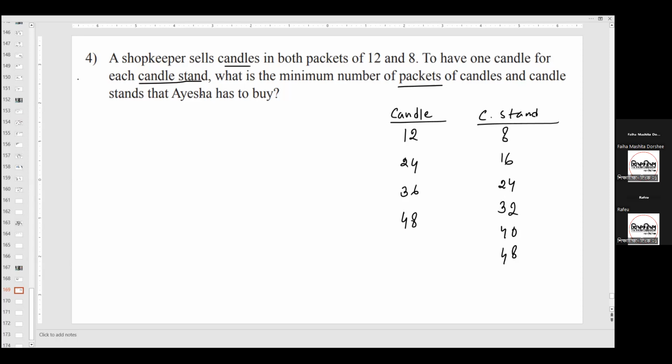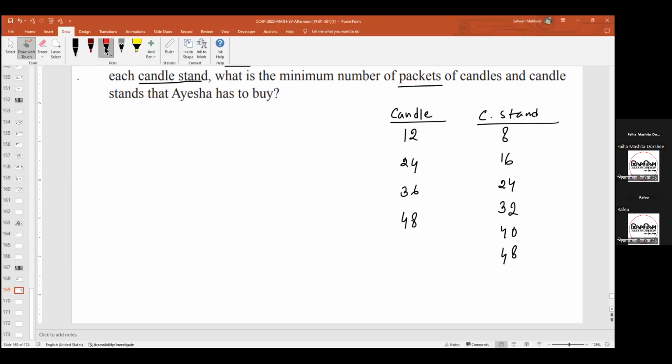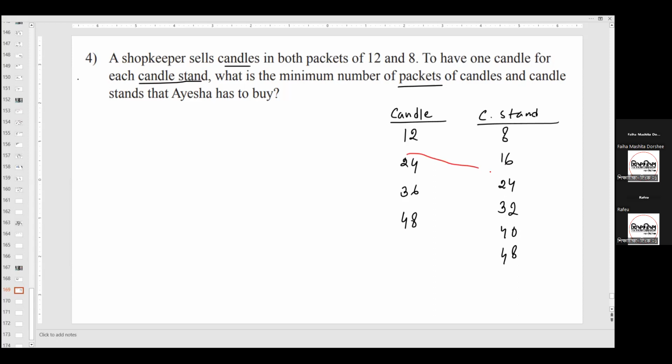And we see where they match, here, right? Where else do they match? Here. We will get more such numbers where they match, next at 72, then at 96. I mean, if we have 24 candles and 24 candle stands, then we can use one candle stand for each candle, right?